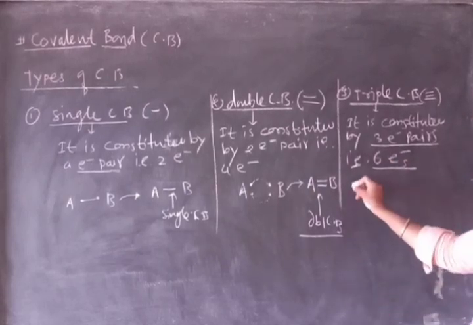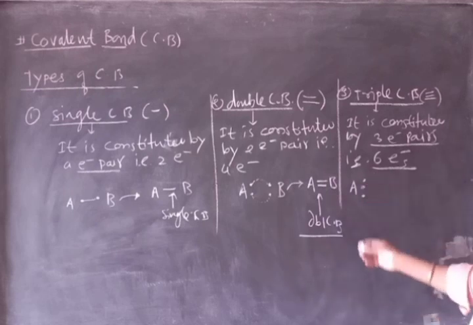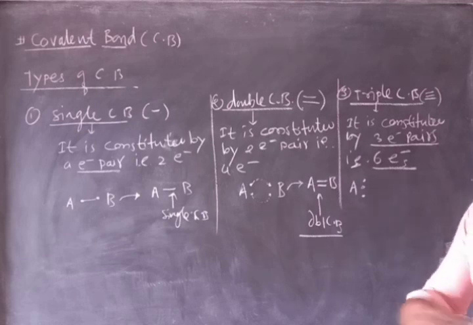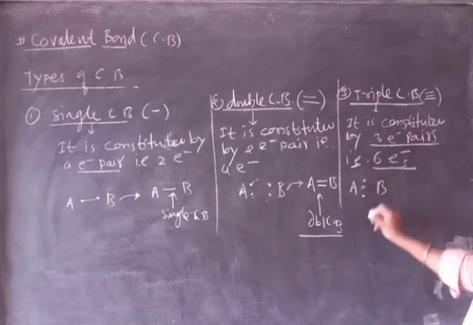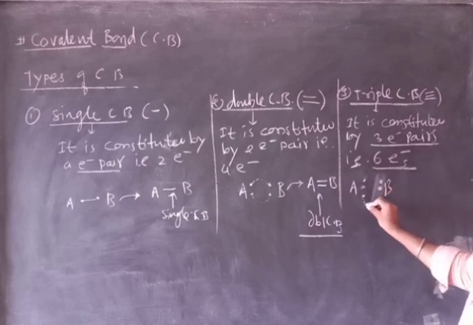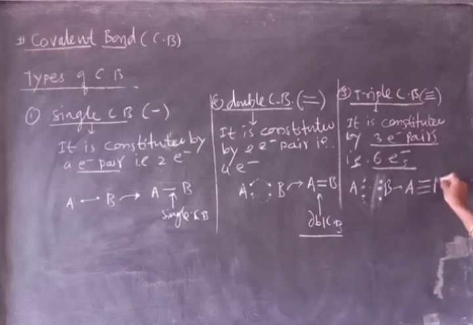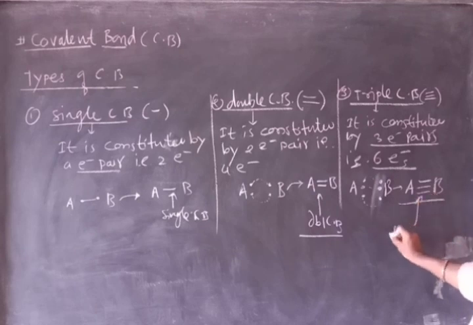How is that? This atom A, we can suppose, has three valence electrons available to share, and here is a B atom again having three electrons to be shared. Then they will share their electrons like this, and these two electrons constitute a single covalent bond. This again will form a double covalent bond, and this electron pair constitutes the triple covalent bond between the AB molecule, and this is nothing but the triple covalent bond.